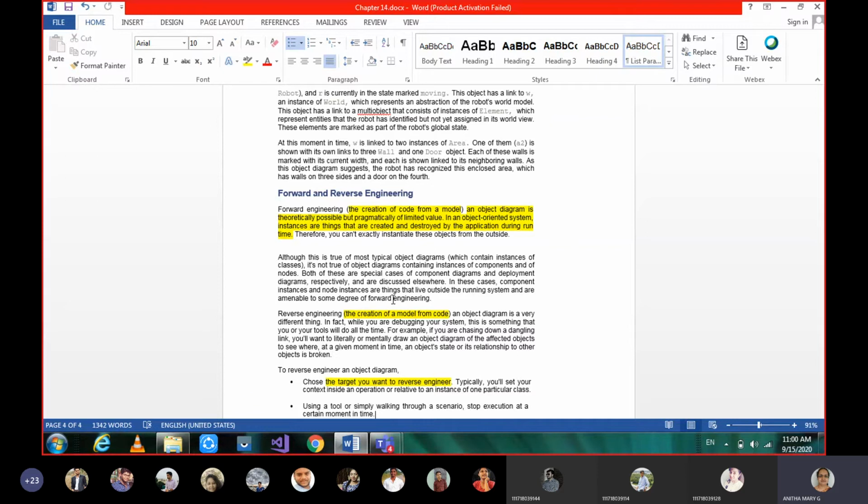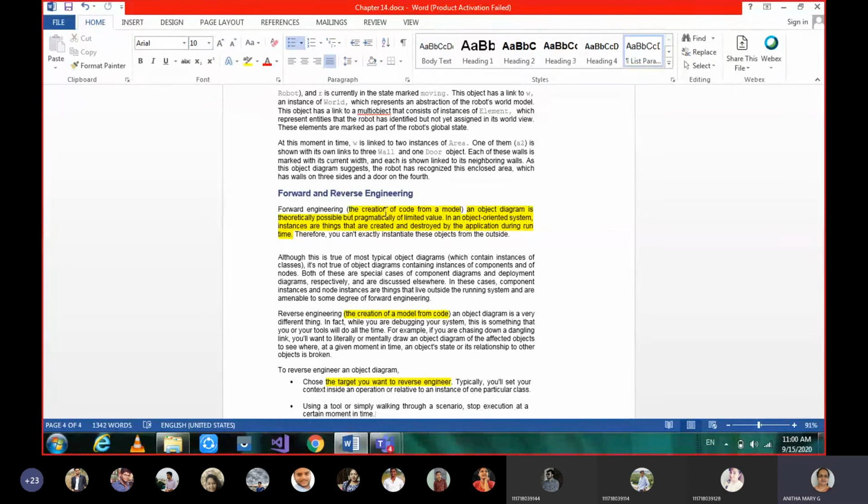So here our topic is about forward and reverse engineering. When I say forward engineering, whatever diagram we are drawing is called a model. From that model, if you are able to get code, then it is called forward engineering. The creation of code from a model, or mapping of a model into code, is forward engineering. But how exactly can we do forward engineering for a particular object?